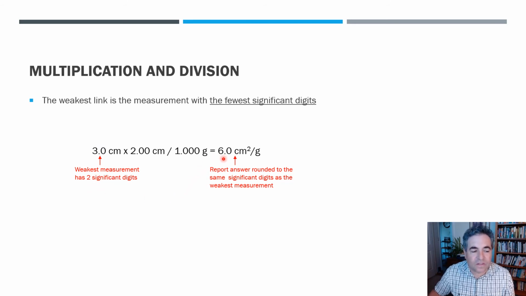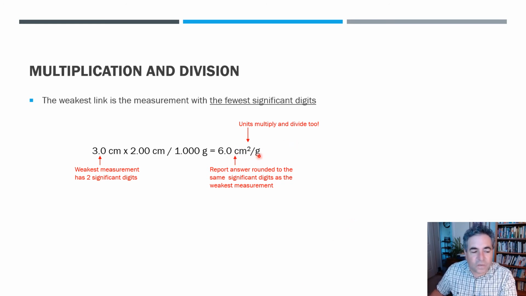If I punch this into my calculator, or I can do it in my head, 3 times 2 divided by 1 is just going to be 6, right? I'm going to get 6, and I need to have my final answer rounded off to 2 figures. So to get it to 2 figures, I'm going to have to include the tenths place. Now take a look at the units here.